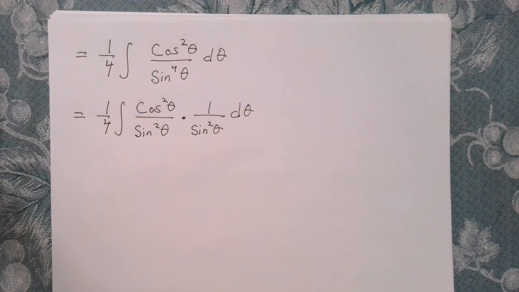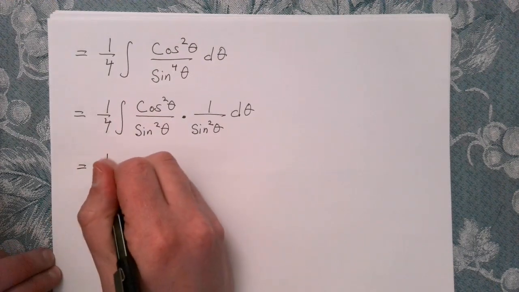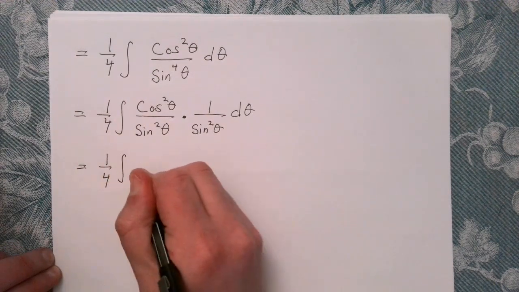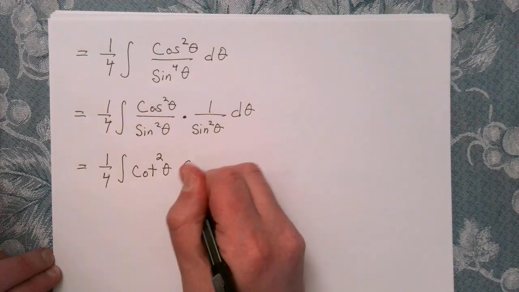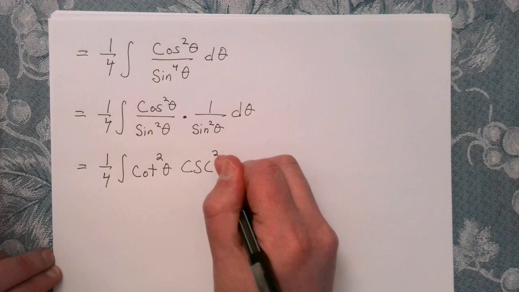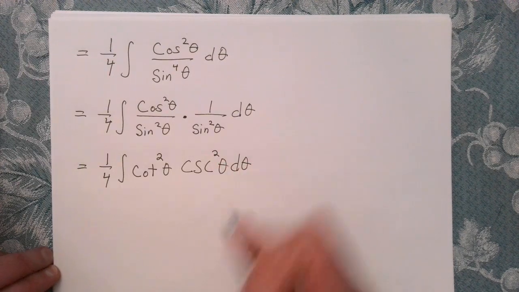Now I'm thinking that might be helpful because I know that cosine over sine is cotangent and 1 over sine is cosecant. So that means I can rewrite this in the following way. So this is cotangent squared of theta times cosecant squared of theta d theta.